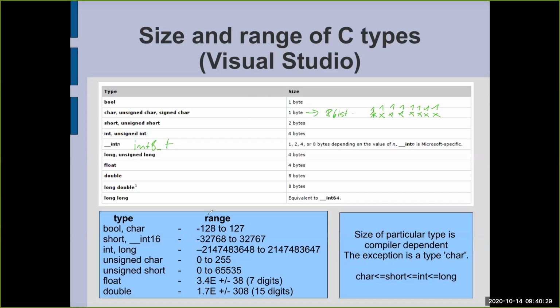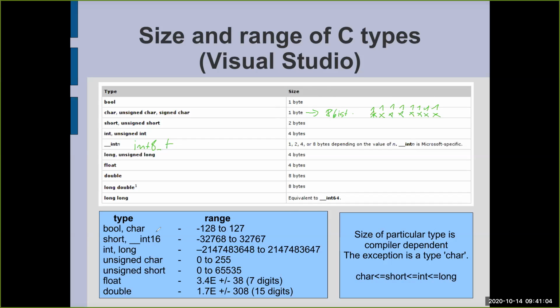So here you have information. Of course, you don't need to learn it by heart. You should understand why this relationship exists, but you don't need to remember particular values. So look, for bool and char type, because they have 1 byte size, we can represent only 256 different values.